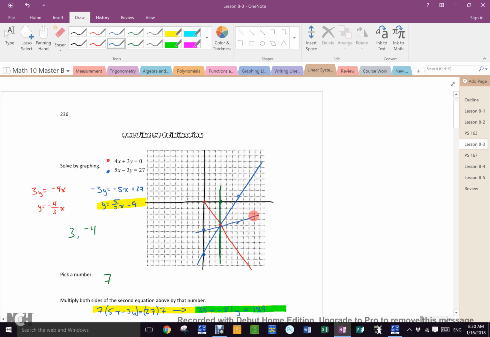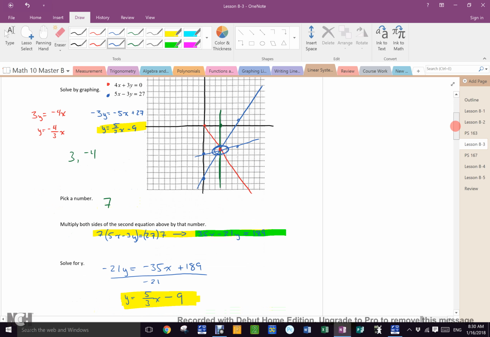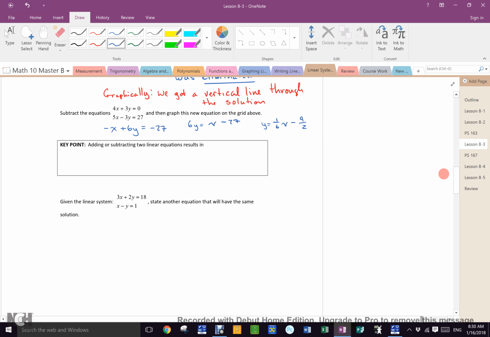What do you notice about that line? It also goes through the solution. So what does that tell us? We can multiply, and it doesn't change the solution. We can add or subtract, and we still end up with lines that go through the solution, right?